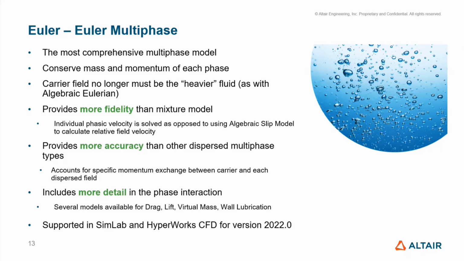These additional models are particularly useful in bubbly flow scenarios. The comprehensiveness of Euler-Euler is really demonstrated when the volume fraction of a phase reaches 1, and it essentially behaves like an immiscible fluid. In version 2022, users have access to Euler-Euler multiphase in SimLab and HyperWorks CFD.